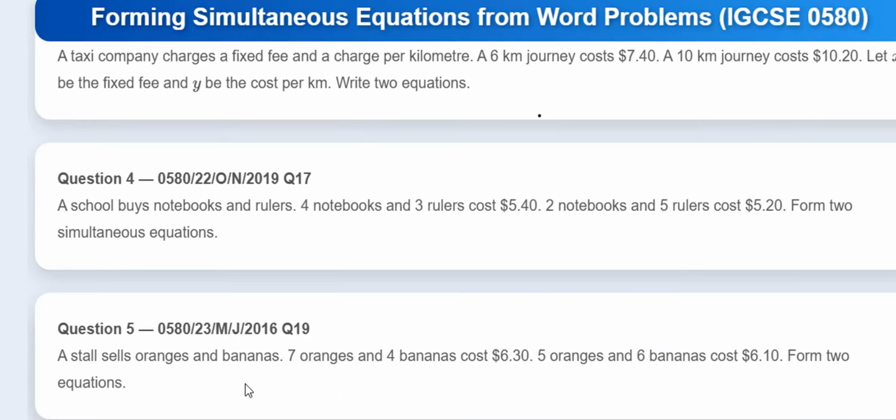You are told a store sells oranges and bananas. 7 oranges and 4 bananas cost $6.30. Then 5 oranges and 6 bananas cost $6.10. Then you are told to form the 2 equations. The first thing, we already know we have oranges and bananas.